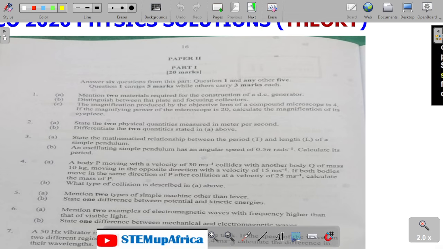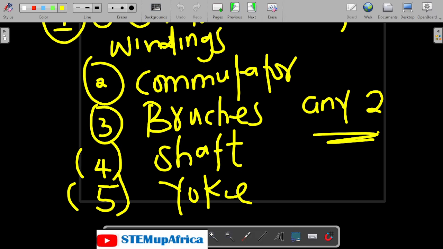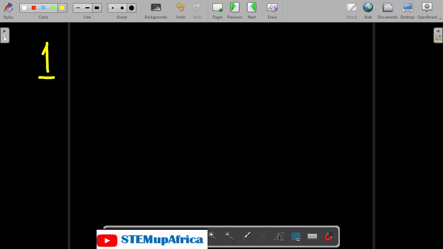1B says distinguish between flat plates and focusing collectors. I have two types of collector, flat and focusing. So 1B. So what are flat plate collectors?